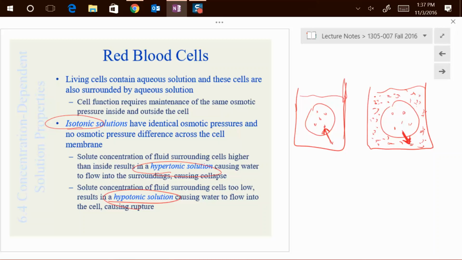Does the same thing happen if you're in your swimming pool? Do you get as pruny? Really? I hope. You can spend hours in the swimming pool, and hopefully your cells don't get all pruny, if the concentrations of the salts and the chlorine and everything in your pool are balanced to the cell concentrations of your cells in your fingers. If they're not, then you might want to check that.